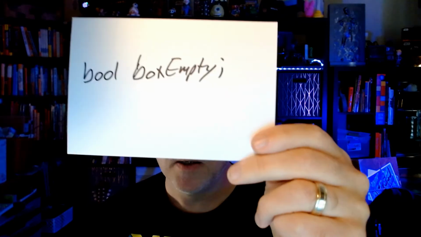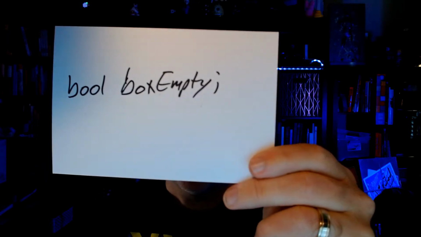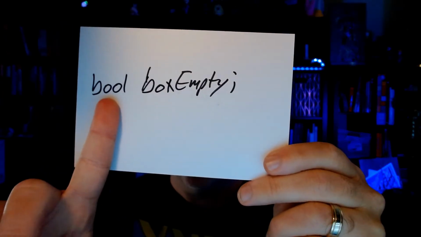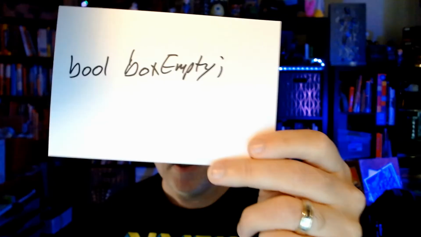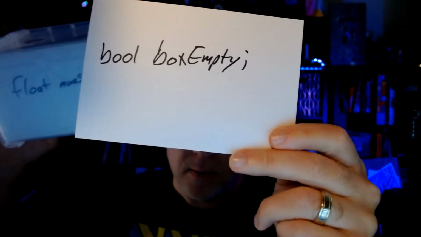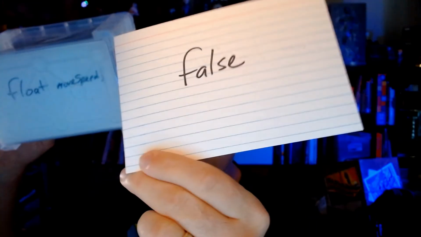Sometimes you need to check if something is true or false, and that's all you want to keep up with. Like, is the box empty? Well, then we use a bool, which is short for Boolean, which just means yes or no, 1 or 0, true or false. Is the box empty? That is false.